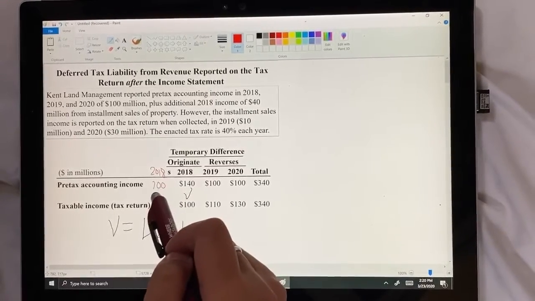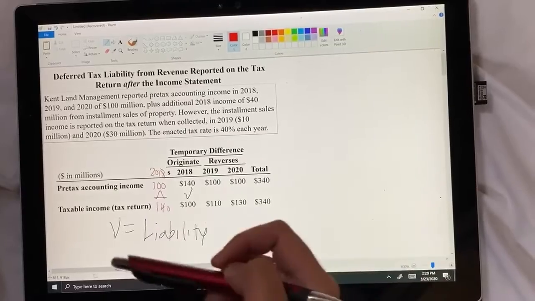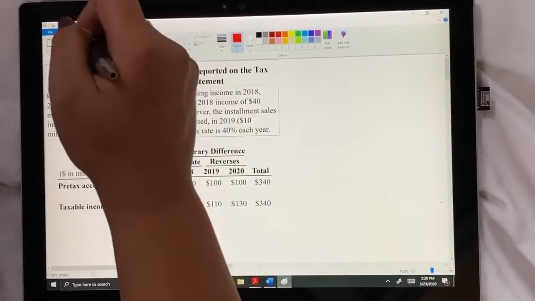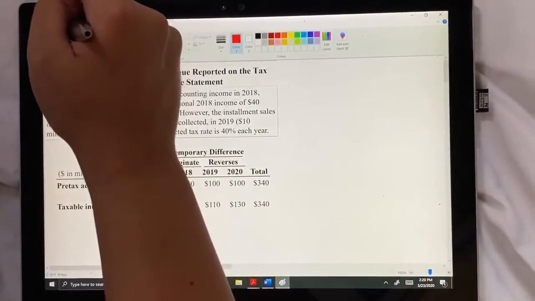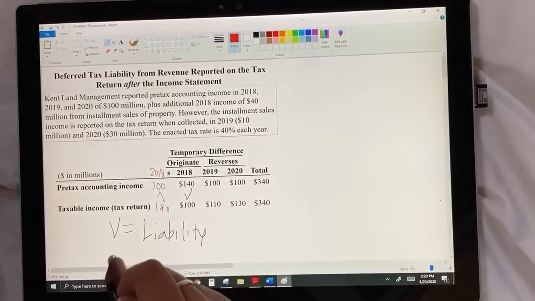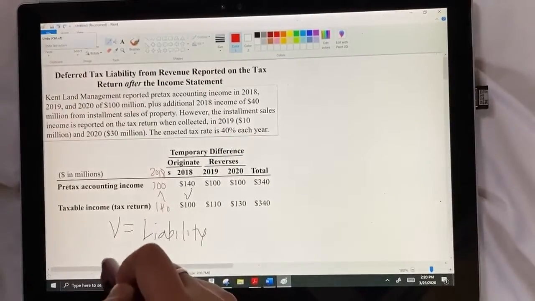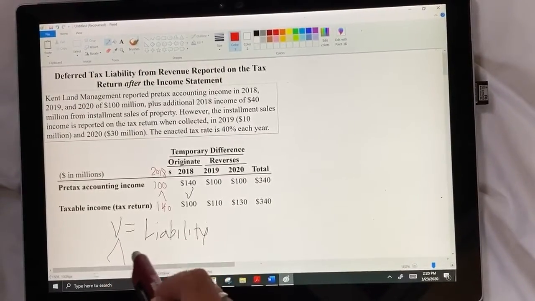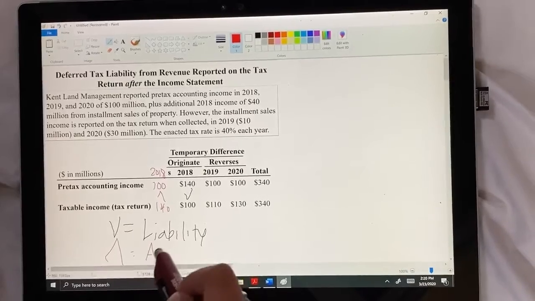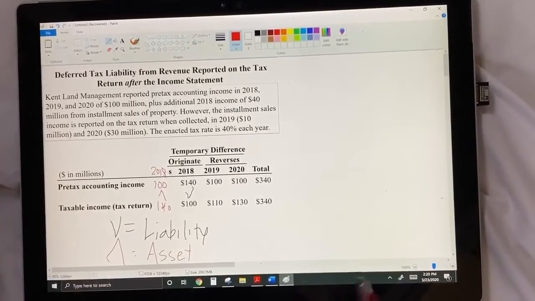So now this becomes this sign. It looks like an A, but what I really meant to show you is that this is greater, and that this sign is equal to asset. So that's just a little trick.